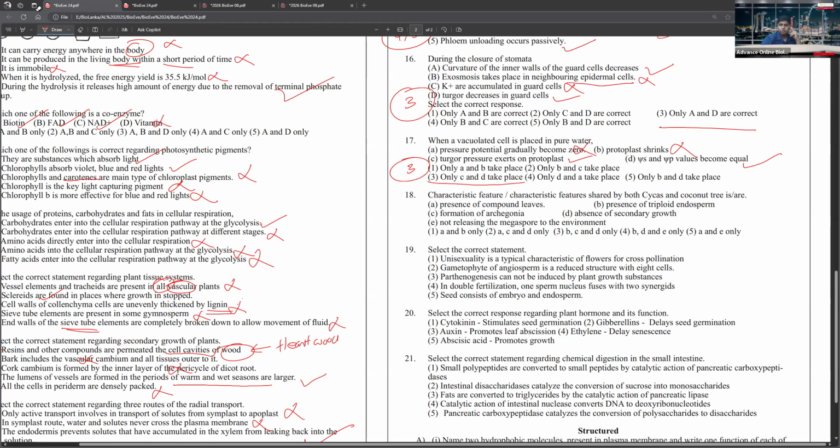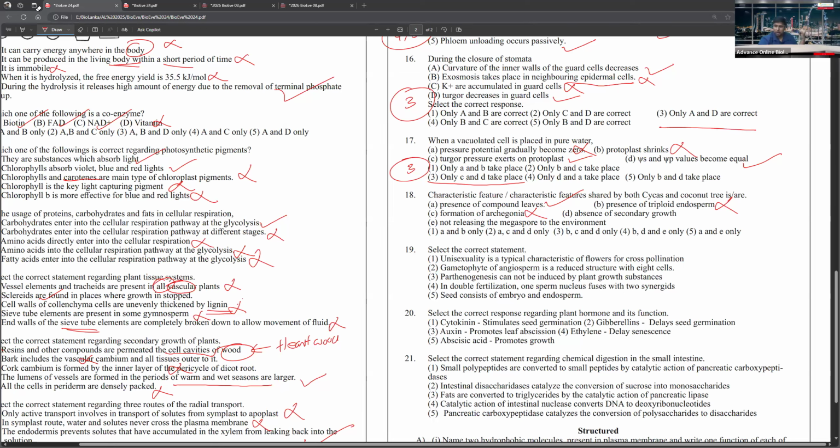Question number 18. Characteristic features shared by both Cycas and coconut tree is presence of compound leaves. Correct. Presence of triploid endosperm. Wrong. Cycas has haploid. Coconut has triploid. Formation of archegonia. Wrong. Cycas has, coconut tree no archegonia.